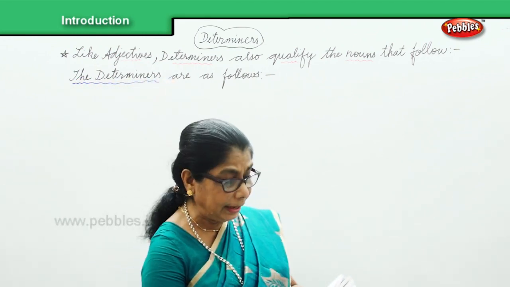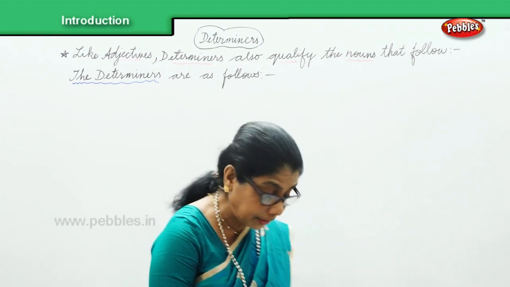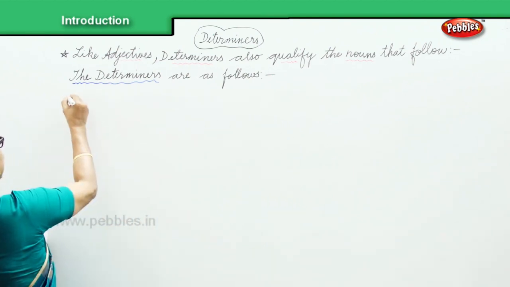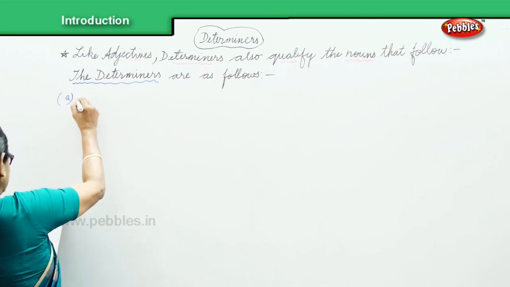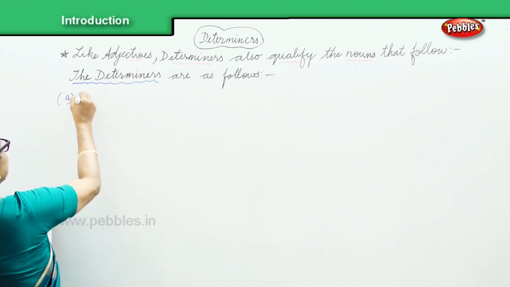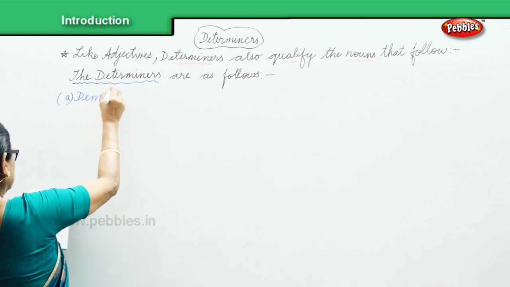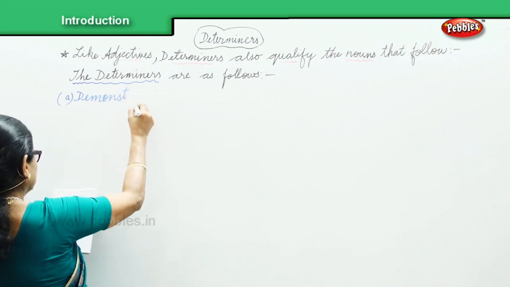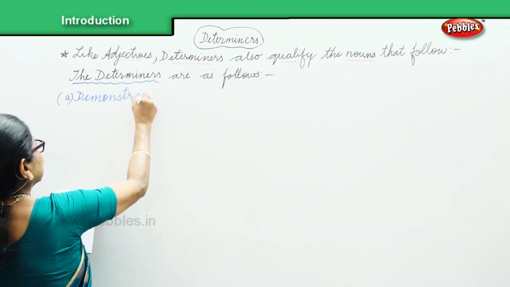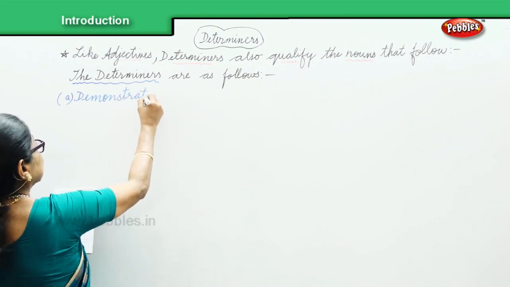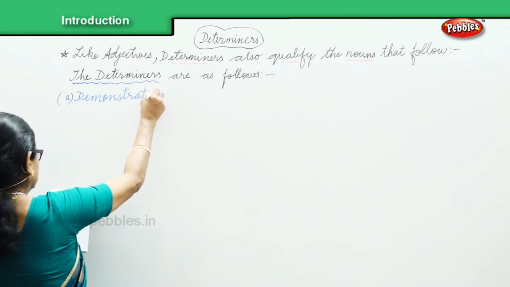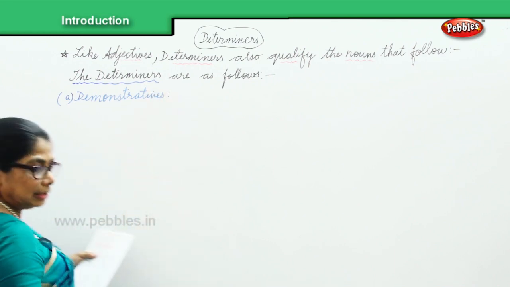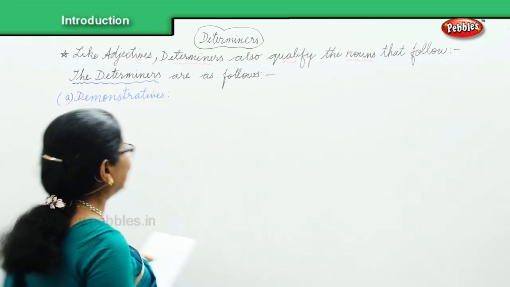Let's look at A, determiners as demonstratives.